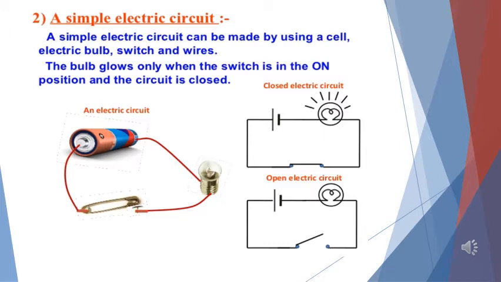So you can see that there are no gaps in this closed circuit, whereas the open circuit has switch off. So we can see a gap in the circuit. So the bulb glows when the switch is on because there are no gaps, whereas the bulb does not glow when the switch is off because there is a gap in the circuit.